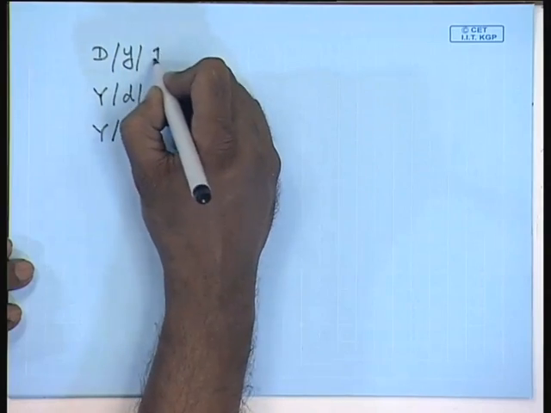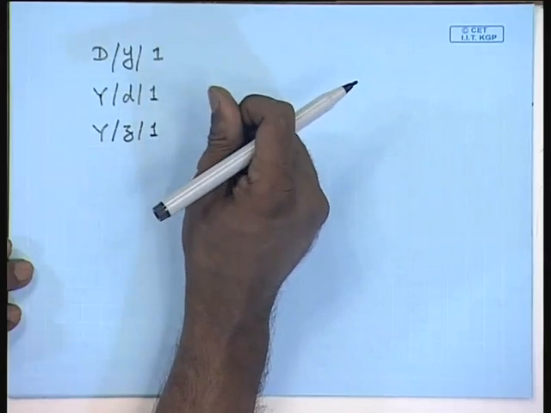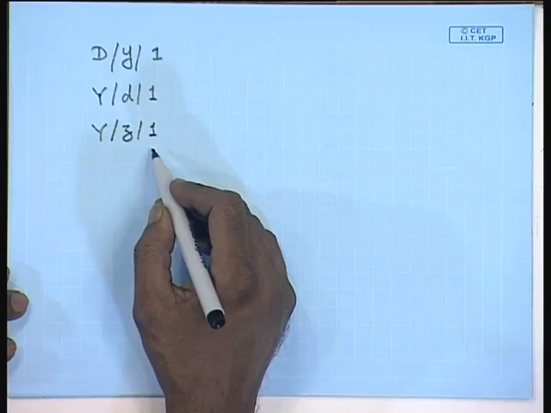Again, the high voltage and low voltage side connections can be interchanged. However, DZ1 is not possible.